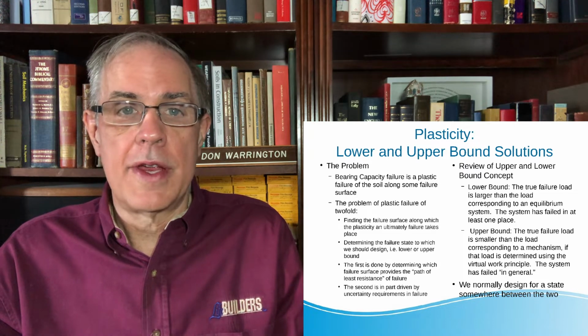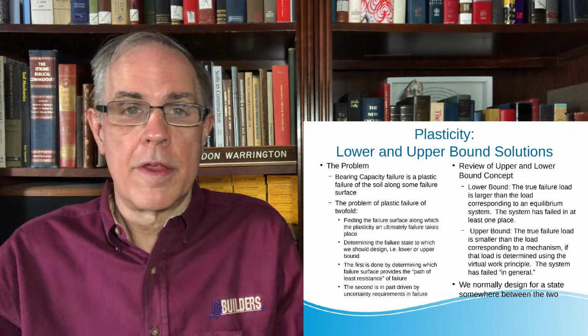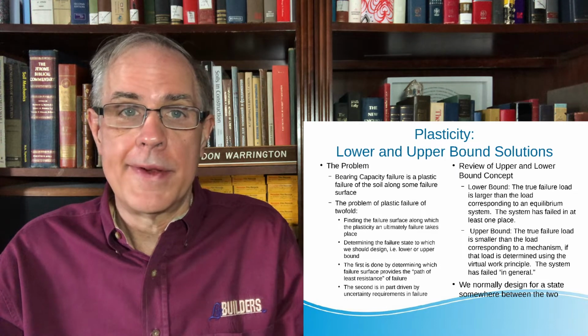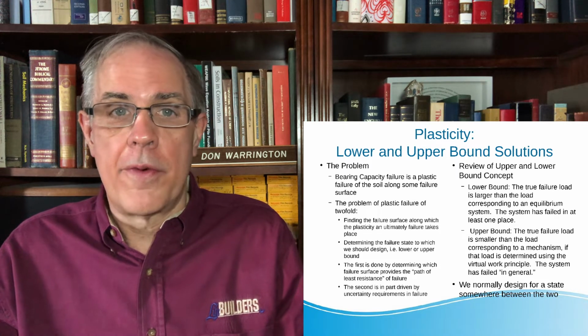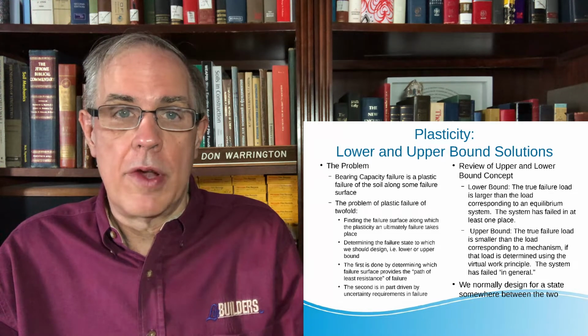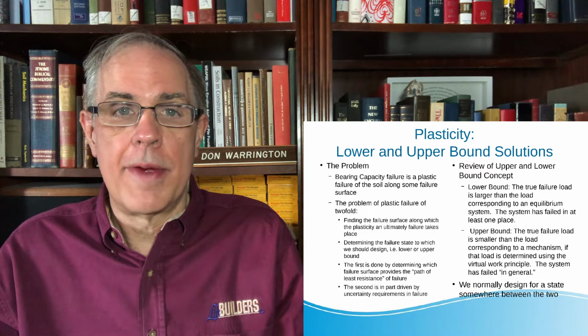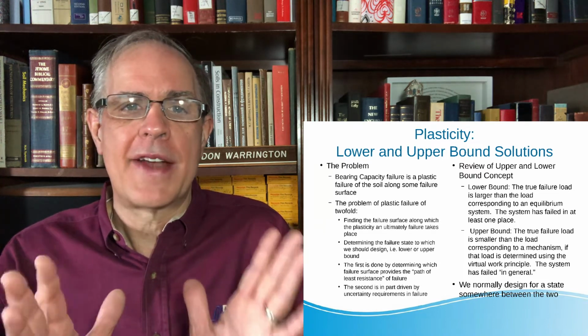With an upper bound solution, we reach the point where along the failure surface, and we talked about failure surfaces in slope stability, we have plastic conditions all the way through, therefore it fails because it can't take any more load. That's the difference between upper and lower bound, the crude, practical definition of it.